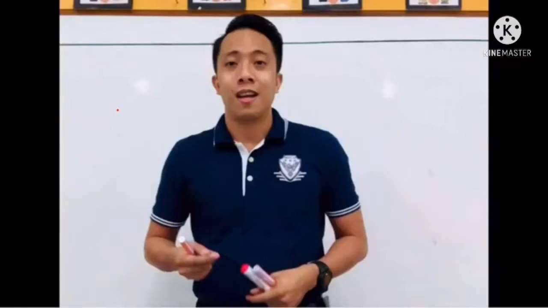Now, Teacher JP number 2 again will explain how to order or arrange numbers in ascending or in descending order. So this is just a review. Teacher JP will help you to remember those things.